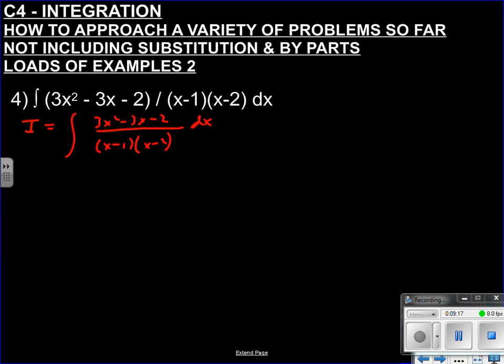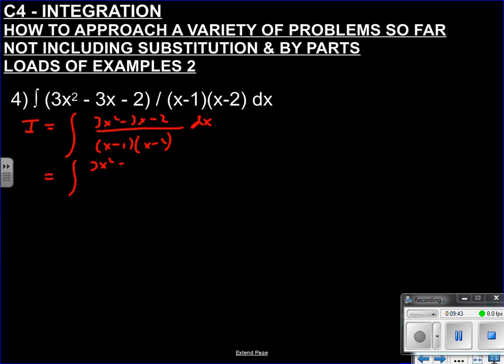Can I therefore use long division? Well, factorize, sorry. Can I factorize this? Well, the top 3x, x, 2 and 1. Does it factorize, 2 and 1? I don't think so. It definitely doesn't factorize with an x minus 1 and x minus 2 to cancel. So we've got to use our next step, long division.